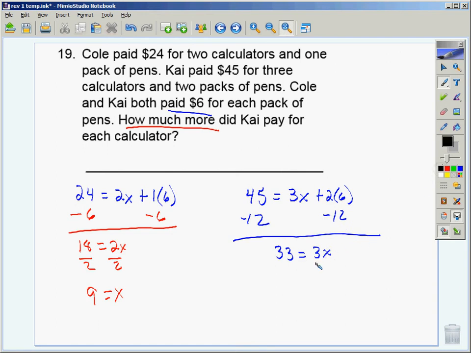I'm going to divide both sides by 3. X is equal to 11. 11 minus 9 is 2, so she paid $2 per calculator more. Questions on 19?